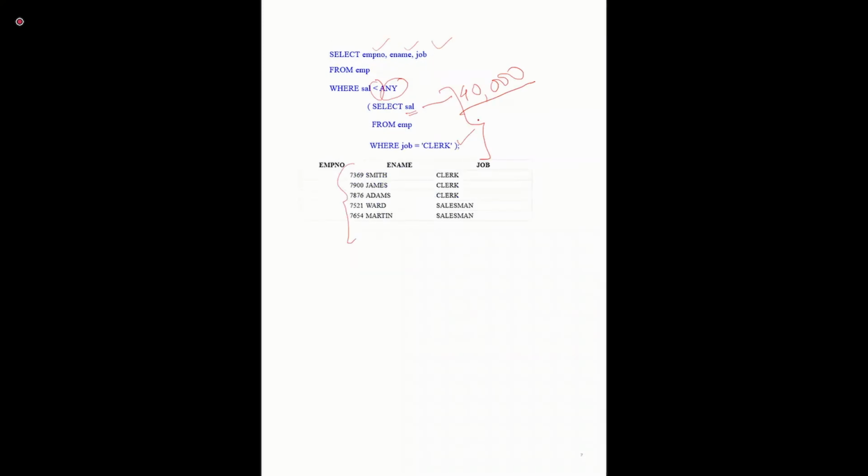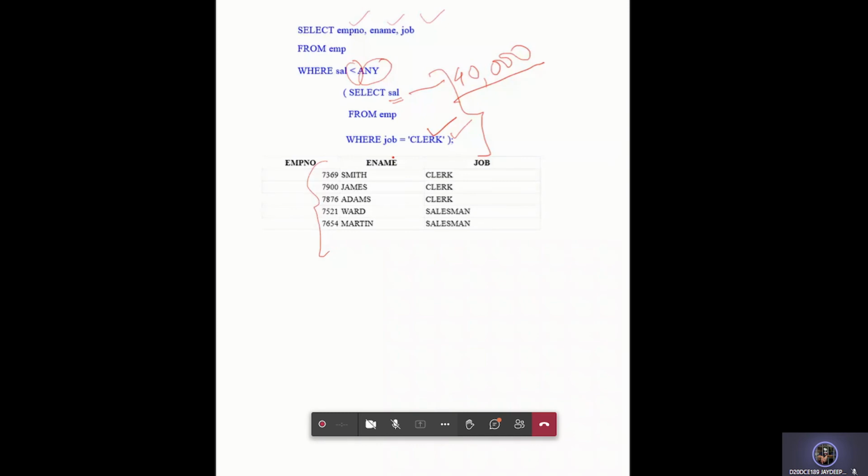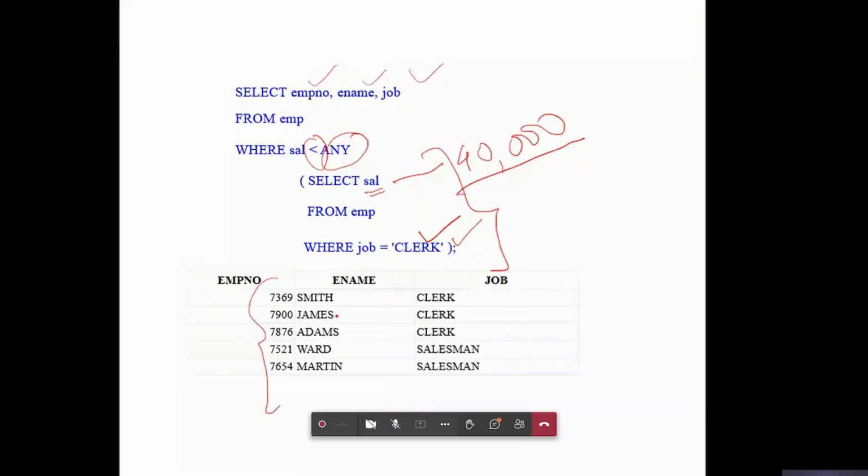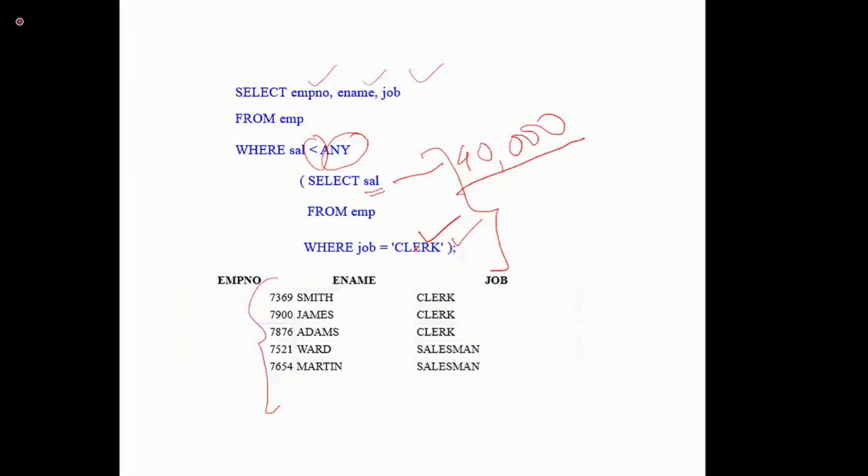If you remember this query, we found the jobs with the clerk title and compared that clerk salary with the other employees' salaries, and we found these five employees, Smith, James, and others, having less than 40,000 salary. So now clerks are also included. We want to find only the employees with a designation other than clerk.